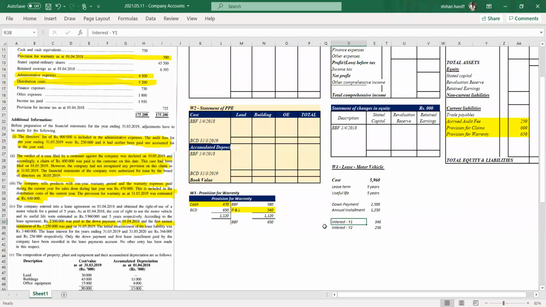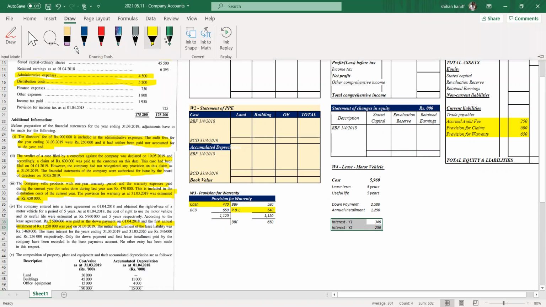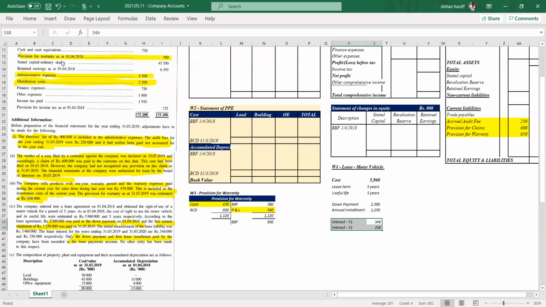So you don't need to prepare the lease installment schedule, because they have calculated and given the interest for this year and next year. Then they are telling that only the down payment and the first installment paid by the company have been recorded in the lease payment account.